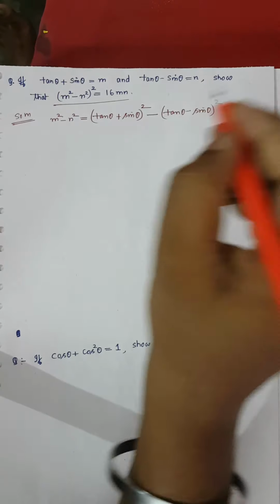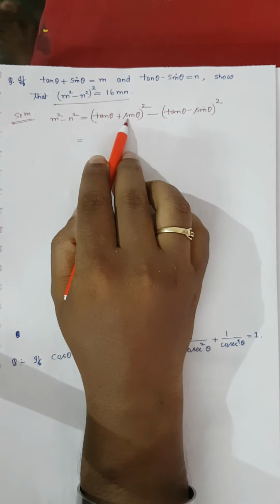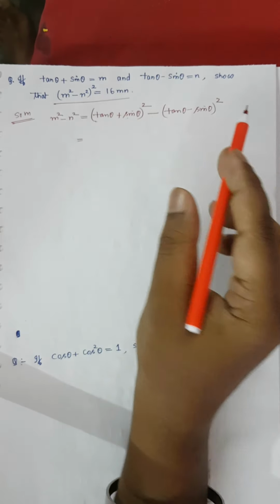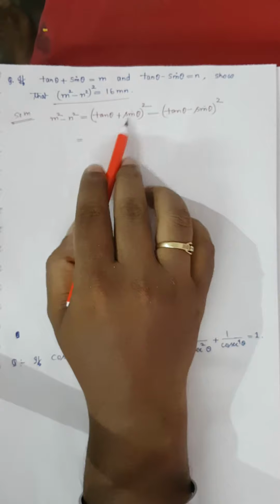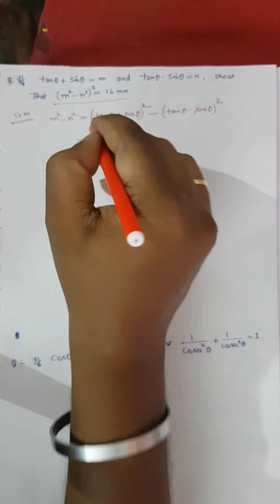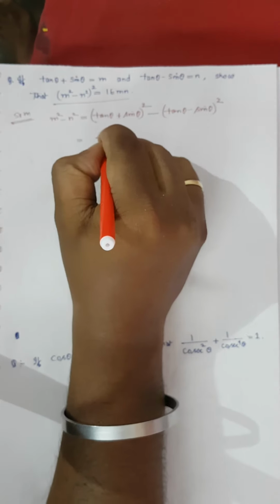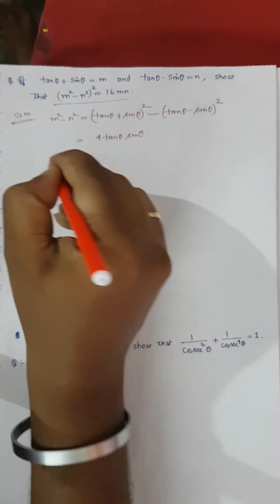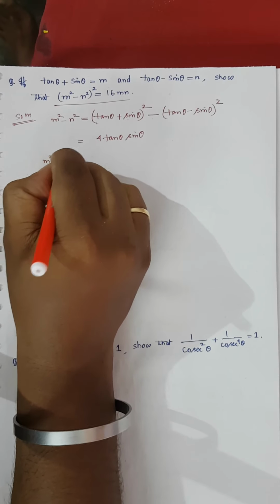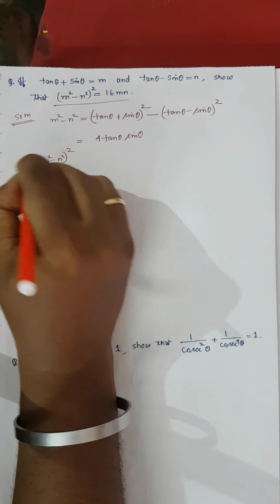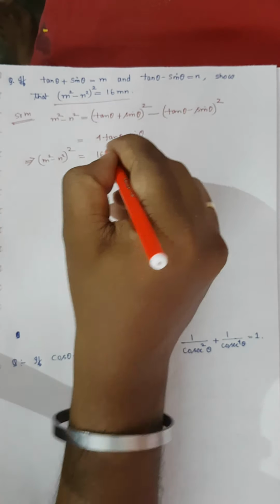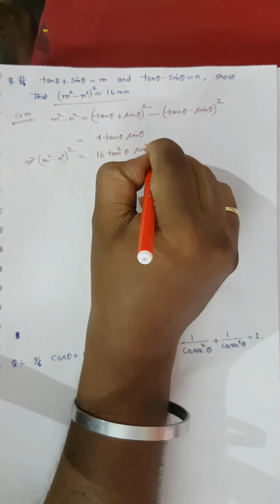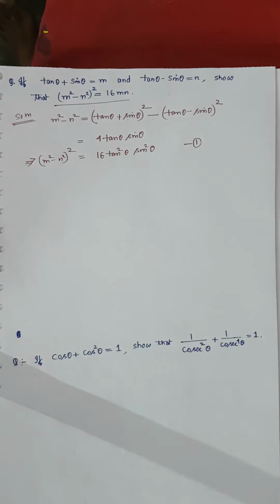So we know that a plus b whole square minus a minus b whole square, I already discussed in the last question, is equal to 4ab, 4 into tan theta into sin theta. So what is m square minus n square whole square? After squaring both sides you will get 16 tan square theta sin square theta. This is your number 1 equation.